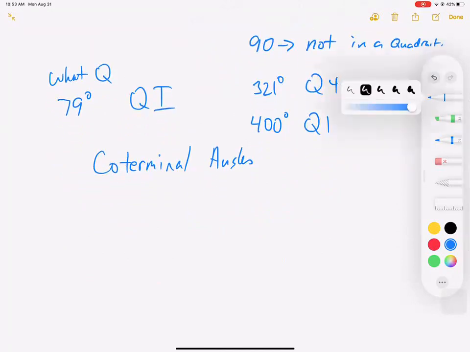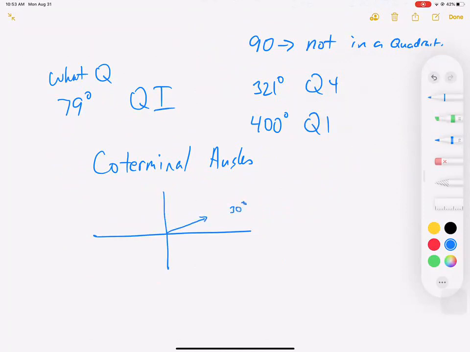So let's give ourselves an example of that. If I write 30 degrees, counting up from 0 degrees going up to 30 degrees. If I walk all the way around the circle, and we come back and we stop at the same spot, they're overlapping.